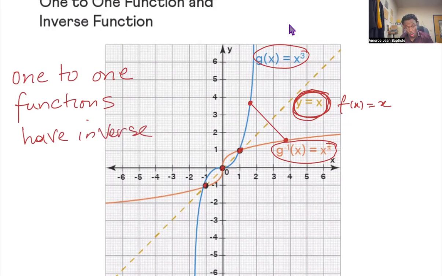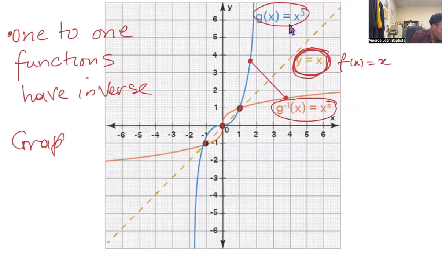And then moreover, the graphs of two inverse functions are symmetric with respect to the line y equals x.